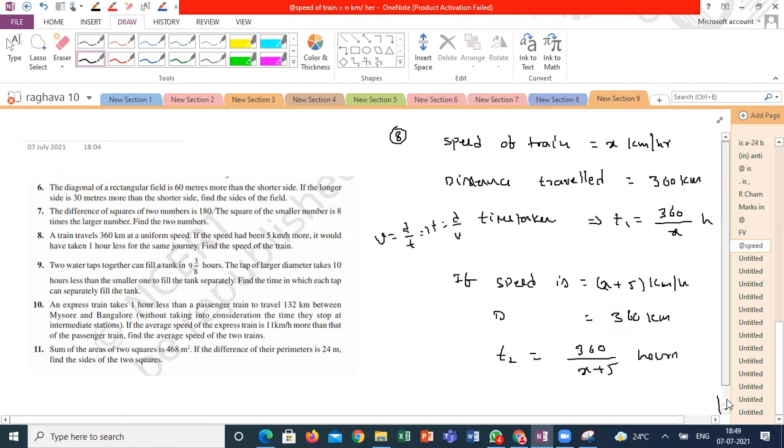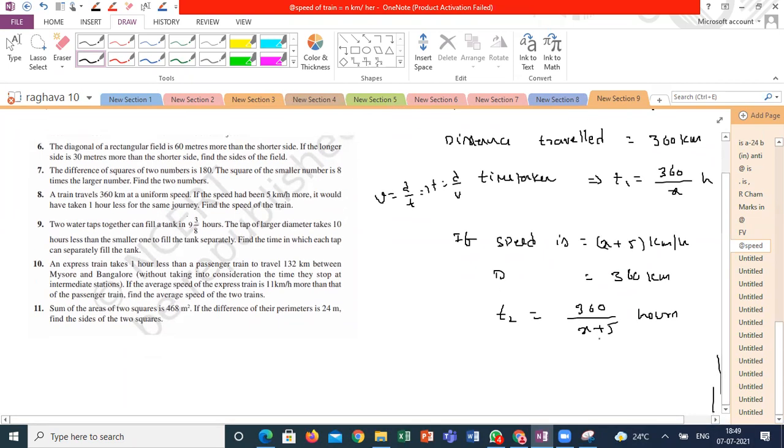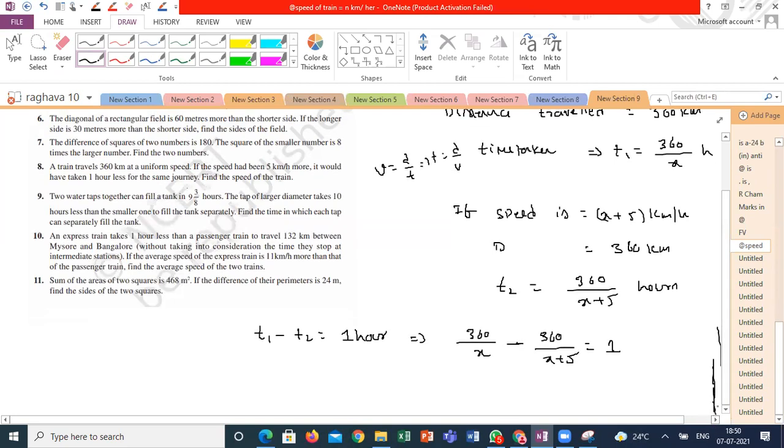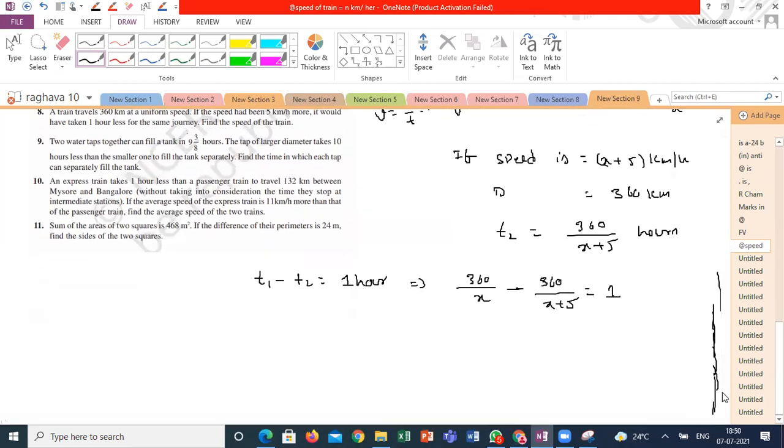He's saying it will take 1 hour less than previous. That means T1 minus T2 is equal to 1 hour. Is my relation correct, guys? 360 by x minus 360 by x plus 5 equals 1 hour. This is the relation between both the timings. Solve this equation and let me know.